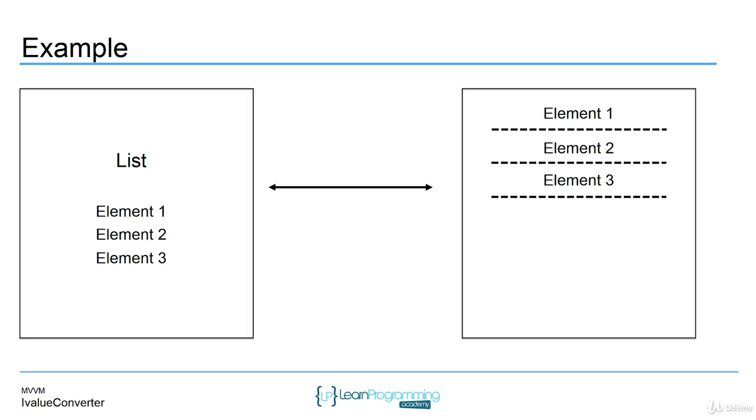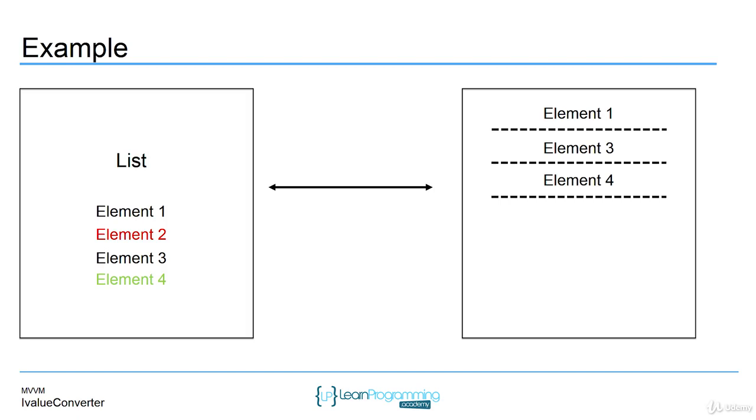So the ItemsSource for the list view is going to be the list that we have to the left. And because this list is already inheriting from the ObservableCollection<T>, when we delete element 2 and we add element 4, the list view is going to be updated accordingly. It is going to remove element 2 and it is going to add element 4.